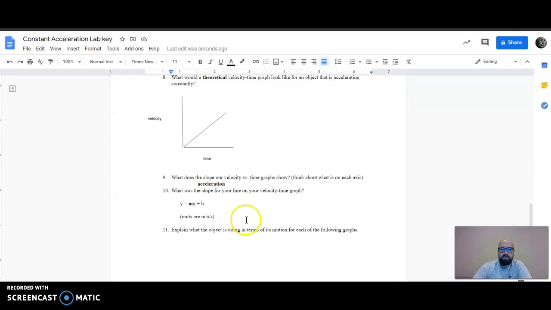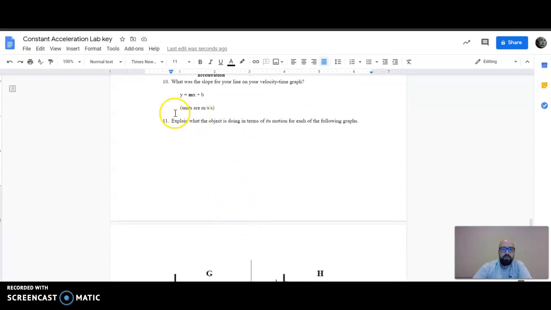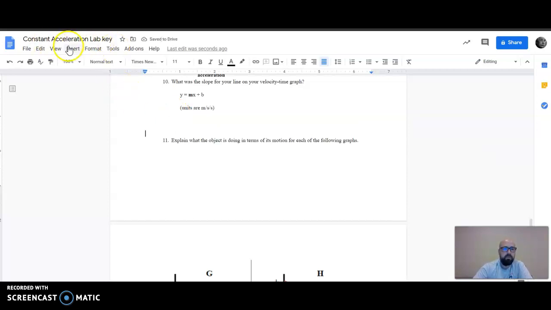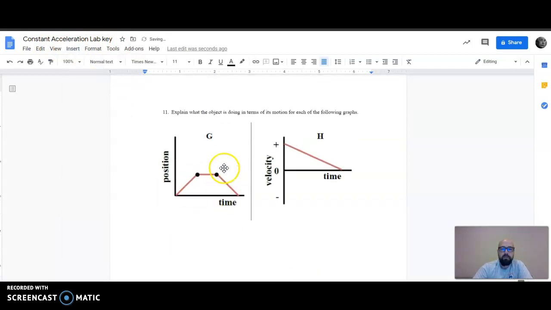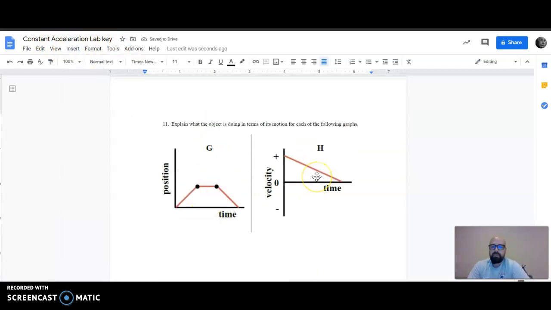And then the last question had to do with, I'm just going to move this down so it can all be on the same page. Insert a page break. So the last question had to do with these two graphs. So this is what we spent a lot of time on this week.